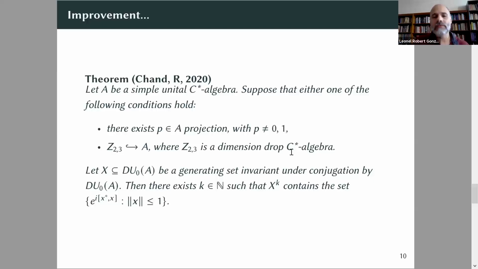Instead of a generating set, we could have written any non-central set, any set that is not contained in the center, which would automatically be a generating set by the essential simplicity, since it's invariant under unitary conjugation. So basically a conjugacy class. Let me put it this way: if X is the conjugacy class of a non-central element, then there's a power of that conjugacy class that contains all the exponentials.